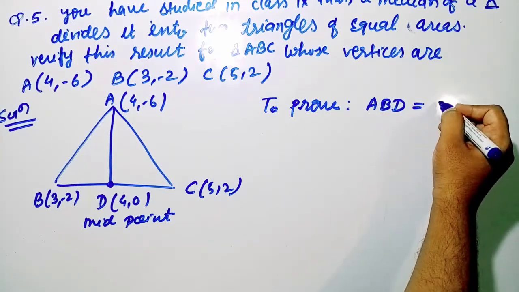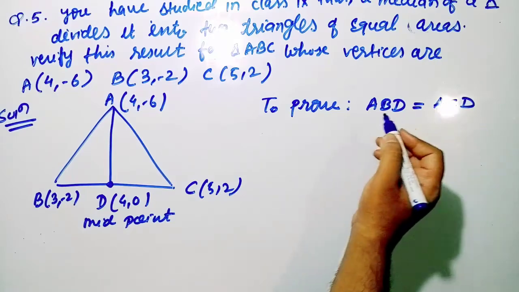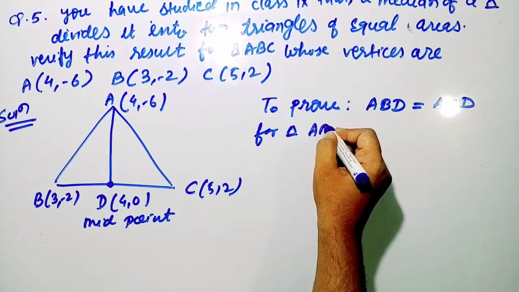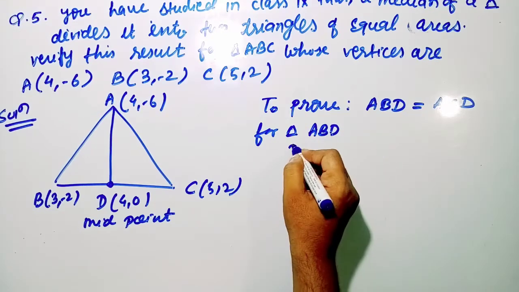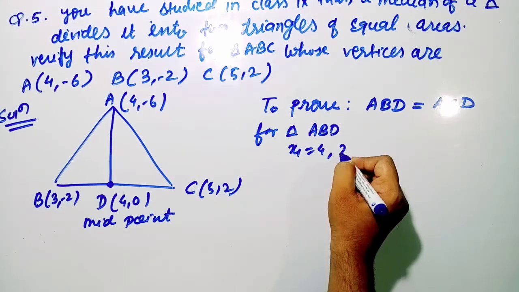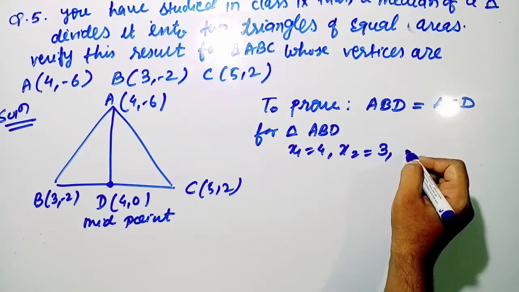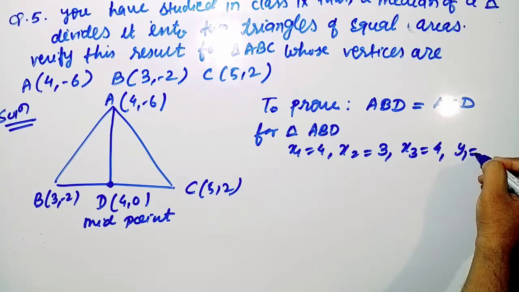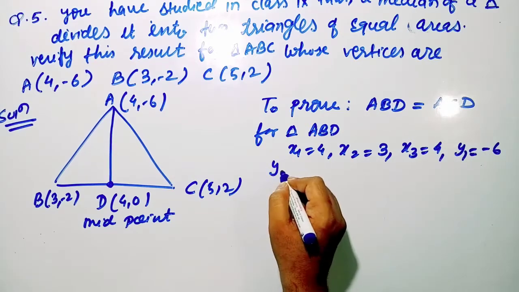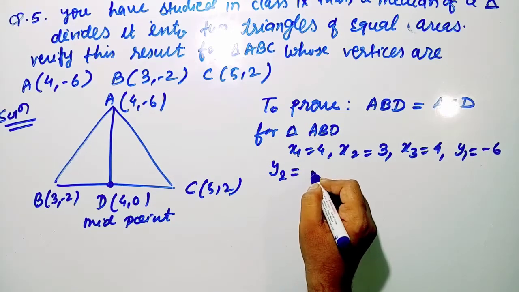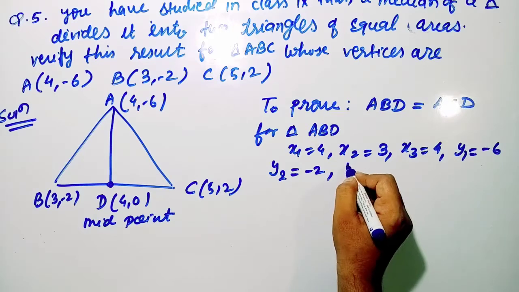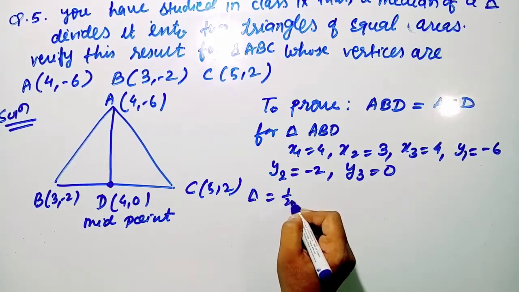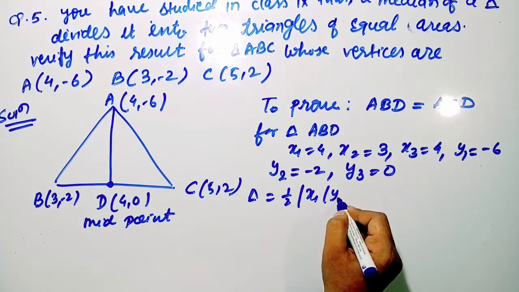Now to prove that the areas of triangle ABD and ACD are equal. For triangle ABD, now noting the values of x1, x2, x3 and y1, y2, y3. Okay students, now applying the formula to find the area of a triangle in coordinate geometry.